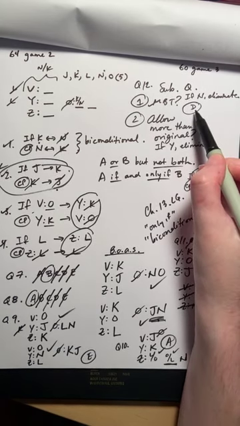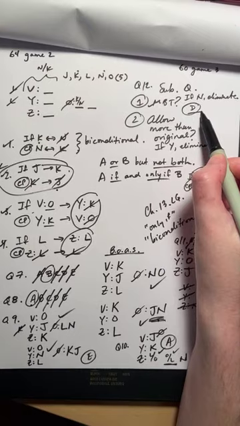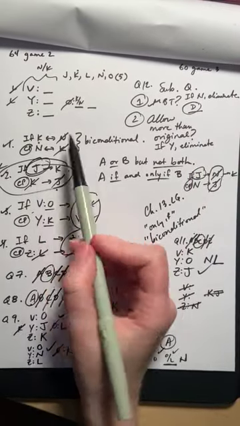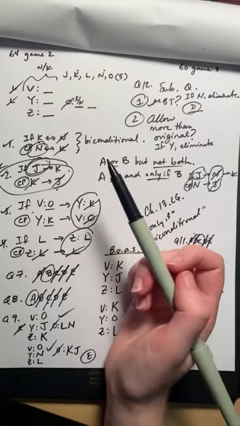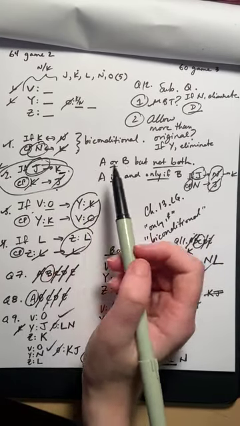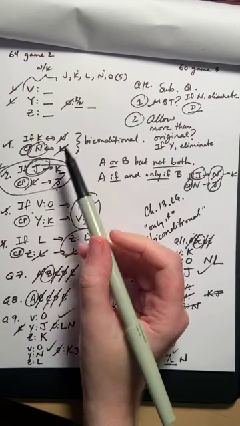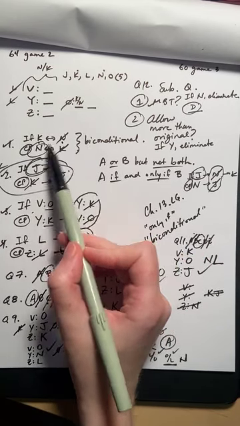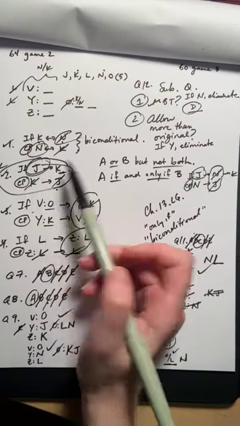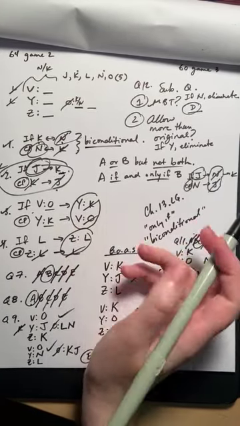I would have chosen it as soon as I saw that it had j and n, because we're replacing k with n, and knowing n's position tells me k's position because it's a biconditional.